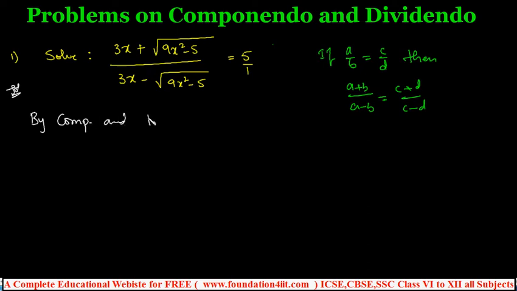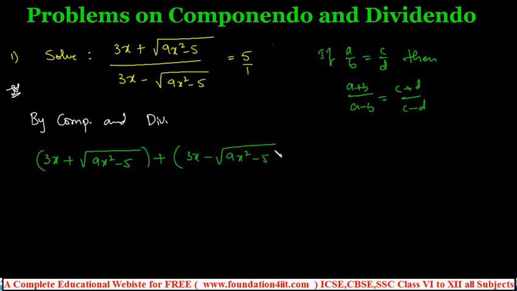So by componendo and dividendo rule, we can write it like this. The numerator plus denominator, 3x + √(9x² − 5), is a; plus b, where b is 3x − √(9x² − 5).